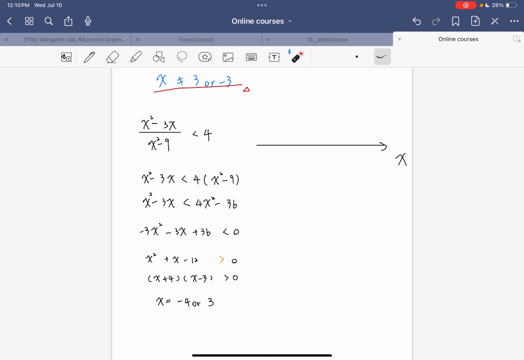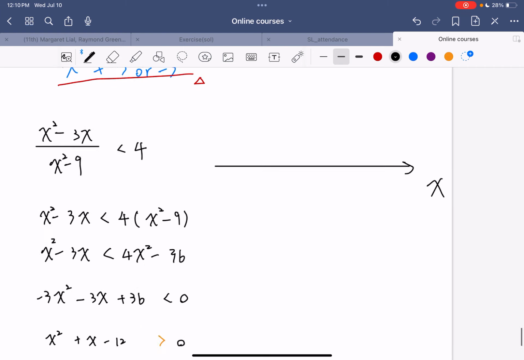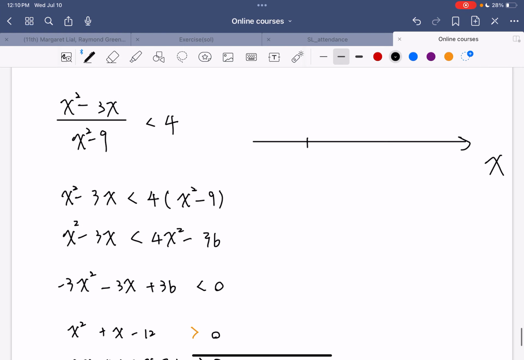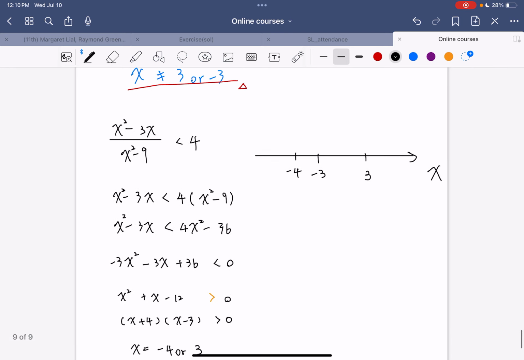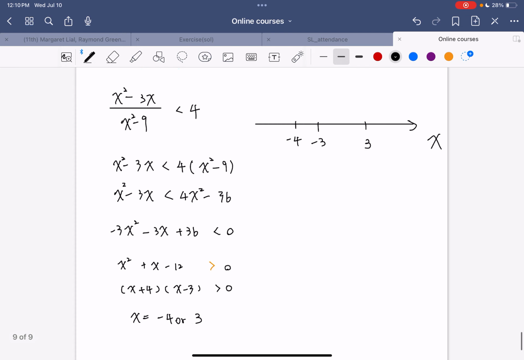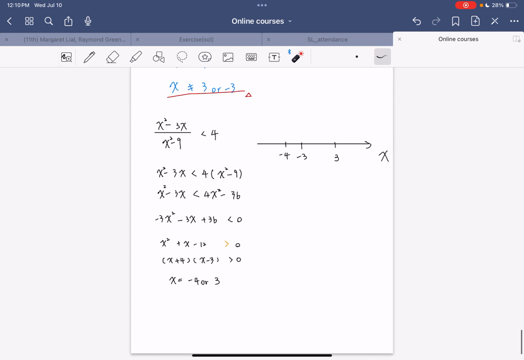Okay. So here we got -4, -3, and 3. Okay. And in this case, we have found something that's interesting. X could not equal to 3, but we got 3 in the answer here.